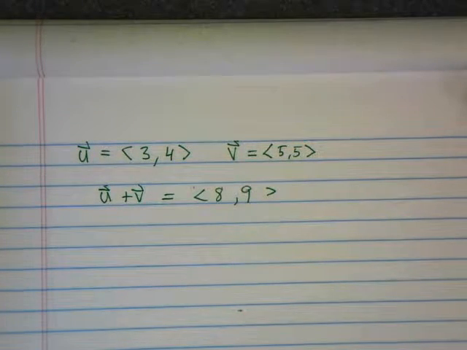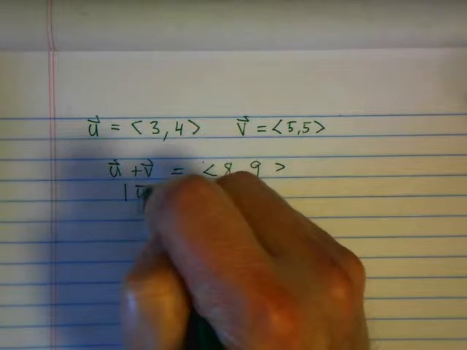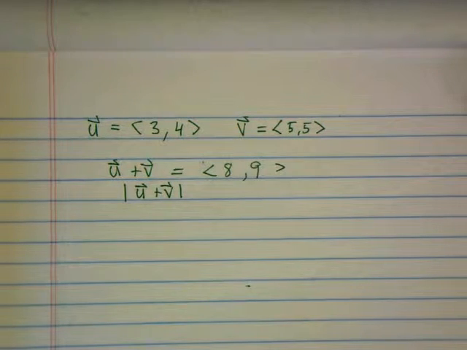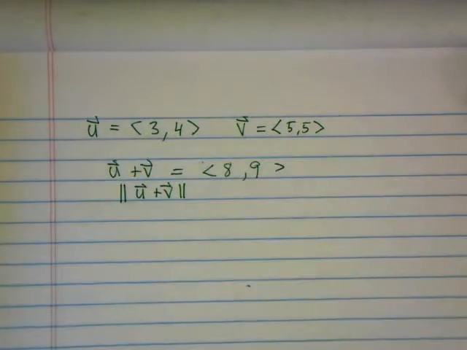All right, but then I might get meaner, and then I might say, find the magnitude of u plus v. And again, when we're dealing with vectors, the symbol we use is absolute value bars. Sometimes you'll see in other books double absolute value bars. Those are sometimes used for magnitude also. How would you find the magnitude of the vector 8, 9? I draw a picture first.